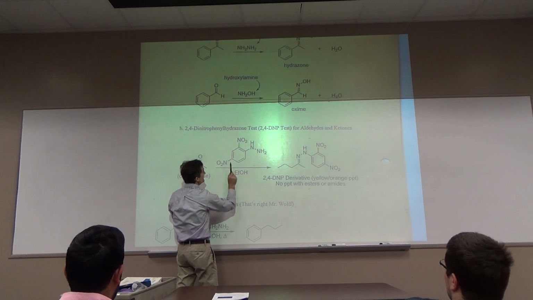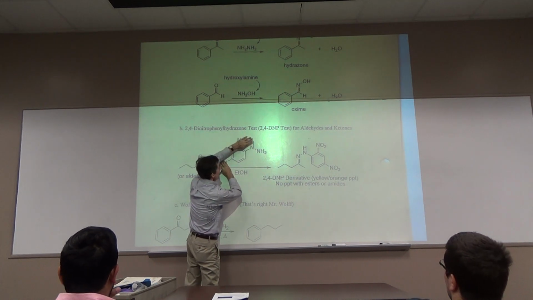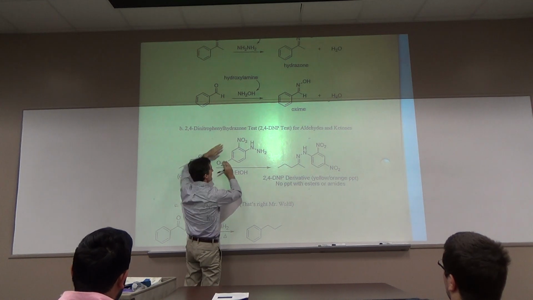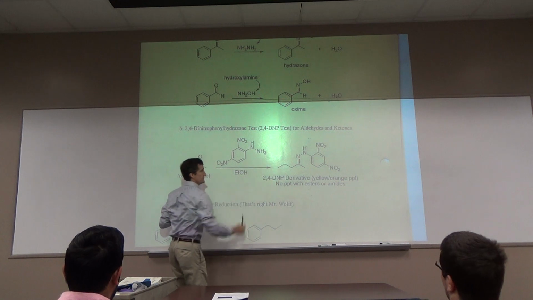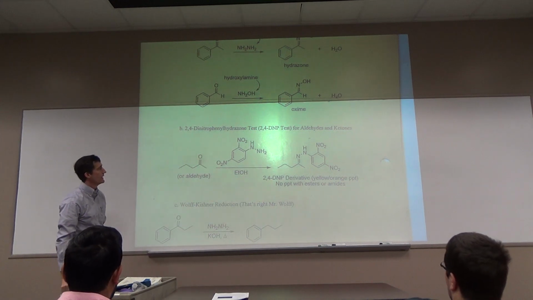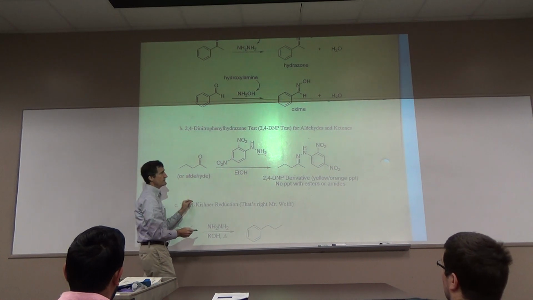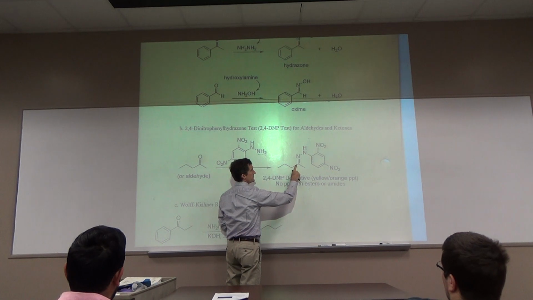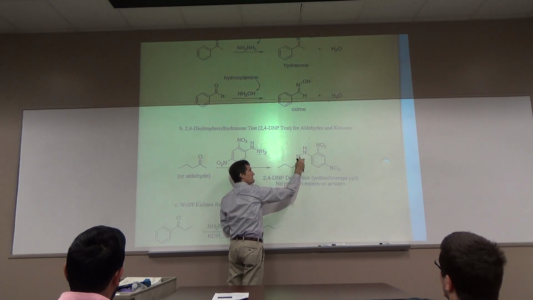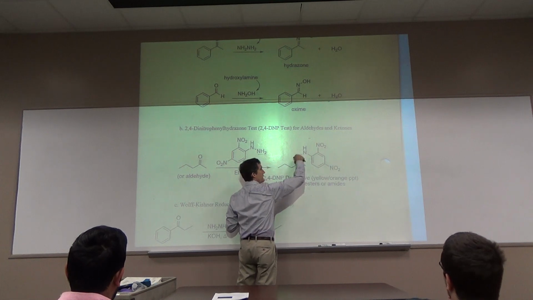This is 2,4-DNP. That's hydrazine, that's phenylhydrazine. This is 2,4-dinitrophenylhydrazine. The terminal amine reacts with the aldehyde or ketone to make the imine plus water. It's a hydrazone since you've got the other nitrogen there. It's a 2,4-dinitrophenylhydrazone.